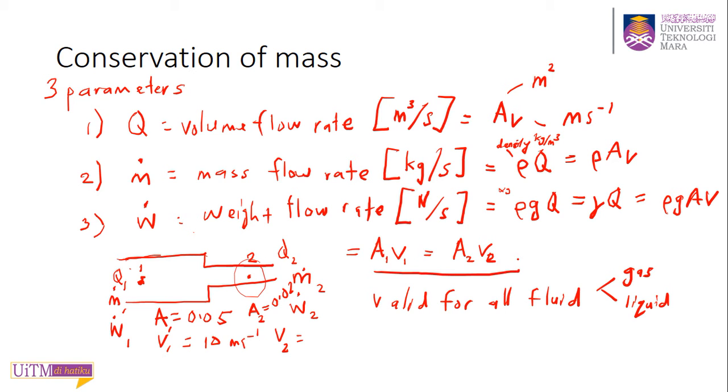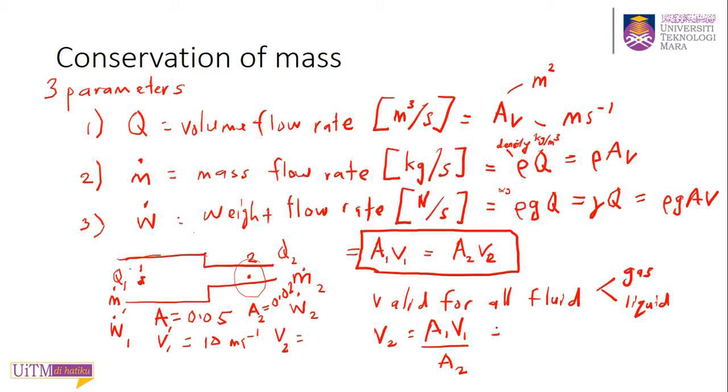So you just use this formula. You know the volume flow rate is equal at point 1 and point 2. So you have your A1, you have your V1, and you have your A2, so you can find your V2. V2 is equal to A1 times V1 over A2.